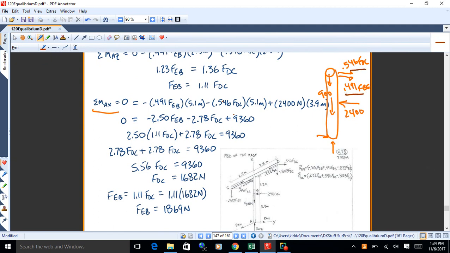So the 0.546 FDC and the 0.491 FBE, that's causing a clockwise moment. That's counteracting the 2400, which causes a counterclockwise moment. And then, of course, remember to include the moment arms on that. And then there's a good bit of algebra to go through on that one to get down to those forces.